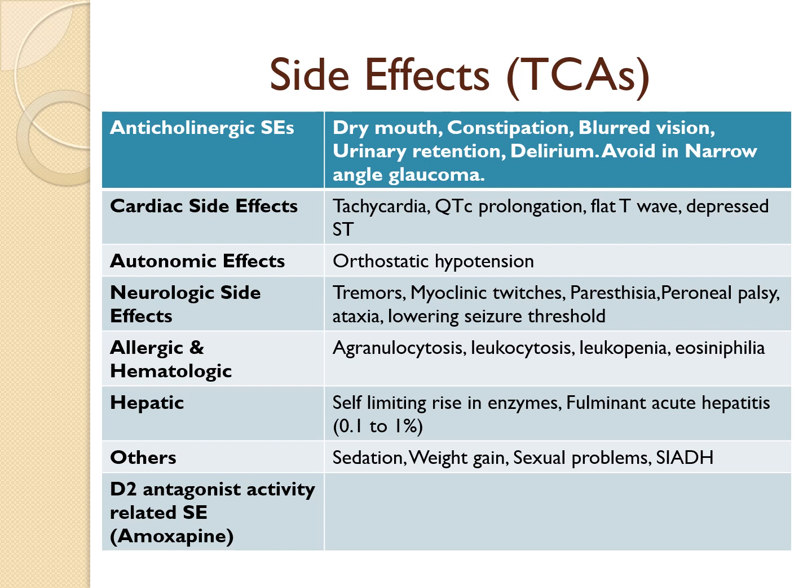Neurologic side effects are tremors, myoclonic twitches, paresthesias, peroneal palsy, ataxia. Allergic side effects can be agranulocytosis, leukocytosis, leukopenia, and eosinophilia. Hepatic are self-limiting rise in enzymes and fulminant acute hepatitis. Others may be sedation, weight gain, sexual problems like delayed ejaculation, and SIADH.